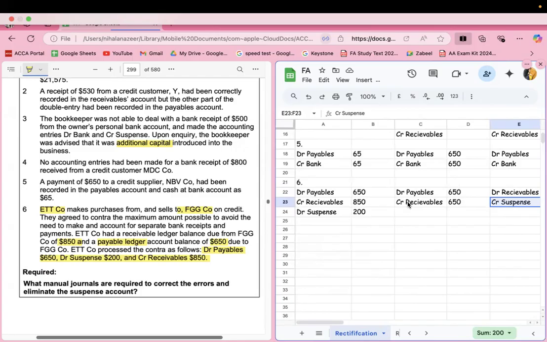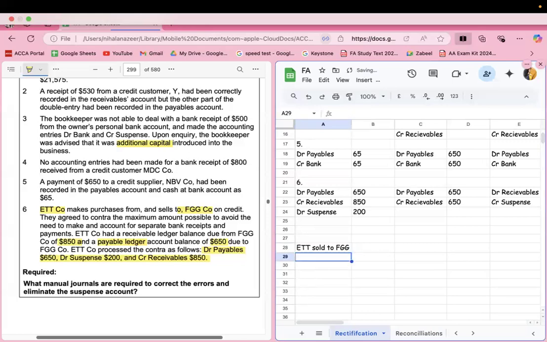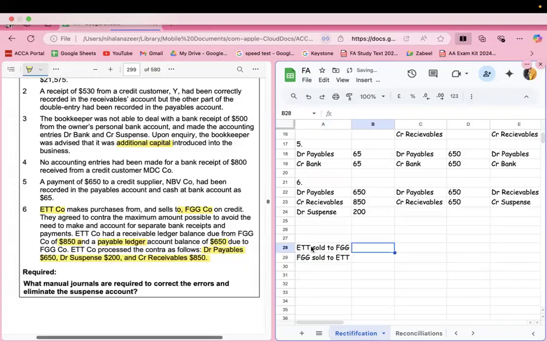They have told you you could settle the maximum amount possible, right? So here, ETT sold to FGG. Clear? And FGG sold to ETT, right? That is the balance. So ETT sold for how much? 850. Understood?